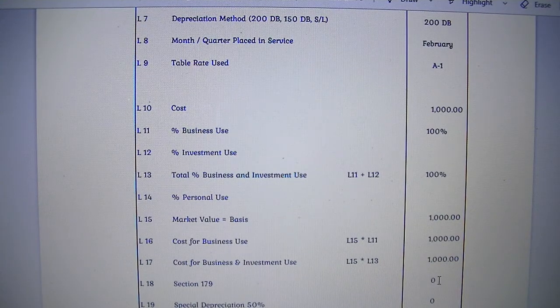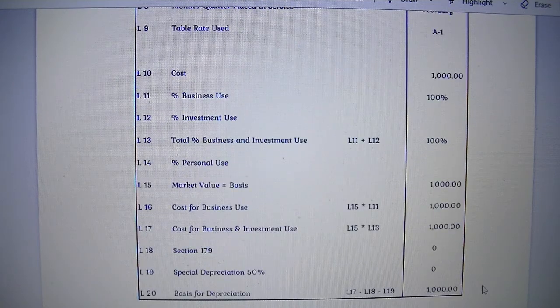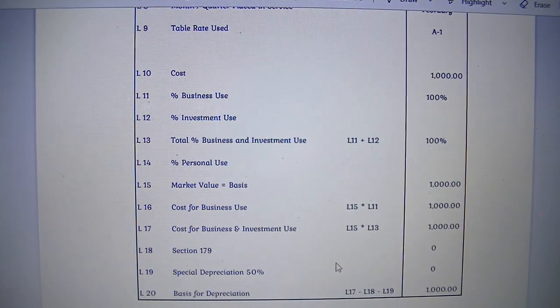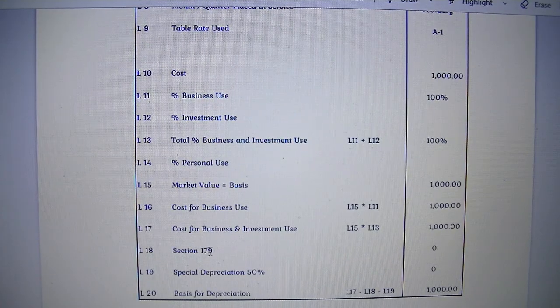If you claim Section 179 for a partial amount or for the full amount, then you need to take the amount of Section 179 you wanted to take out of the cost. Assuming you claim a partial cost, you wanted to expense a part of the cost, and you elect Section 179 deduction, you'll take that out of the 1,000.